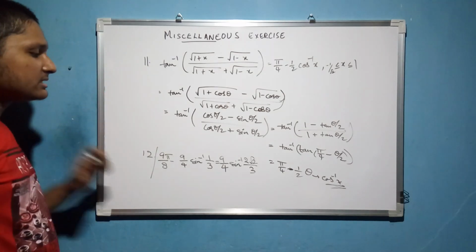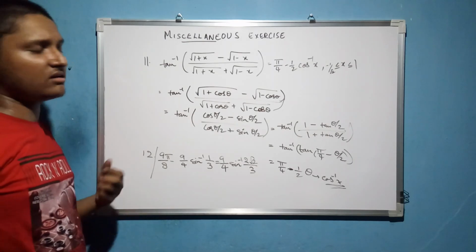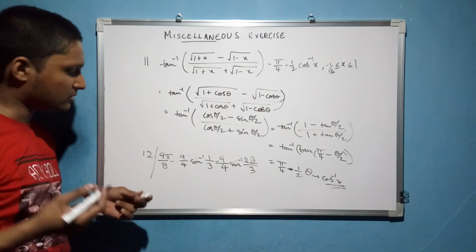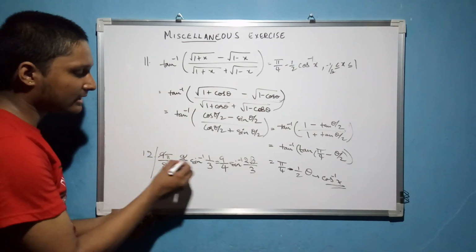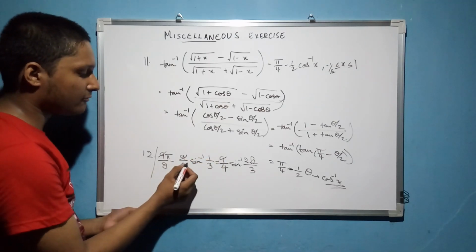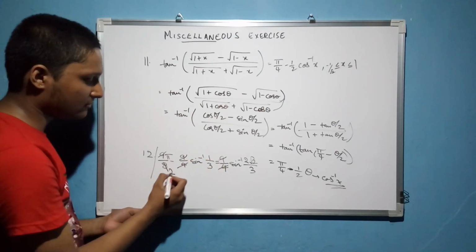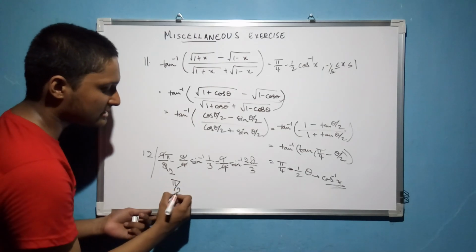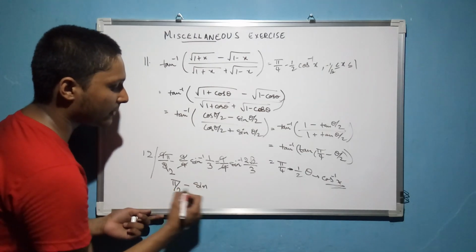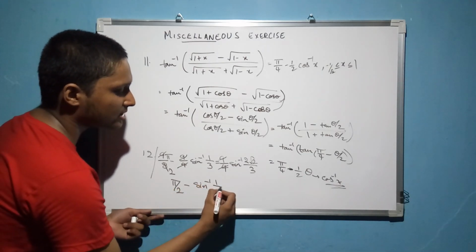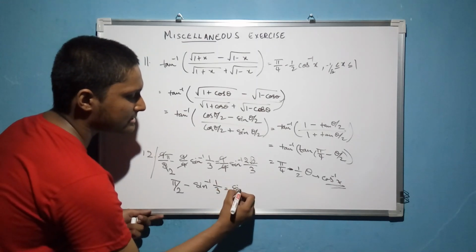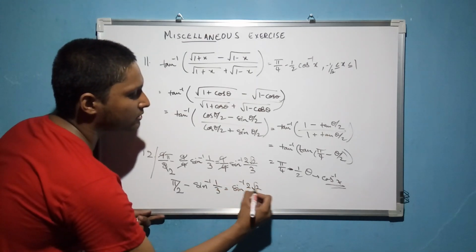Just by seeing it, this question seems big, but it is not so. You have 9 cancelled, you have 4 and again 4. Therefore the question is simply you are asked to prove pi by 2 minus sin inverse 1 by 3 is equal to sin inverse 2 root 2 by 3.